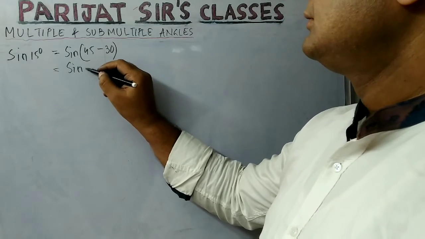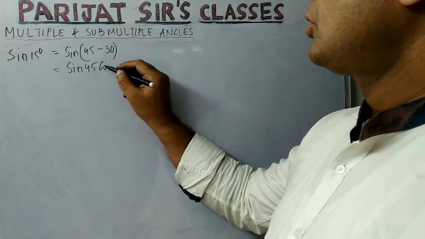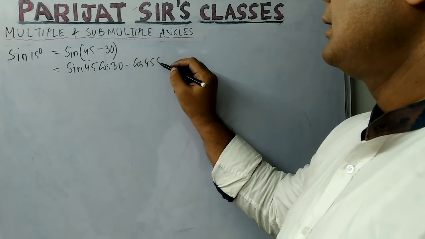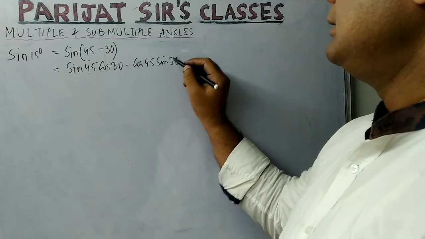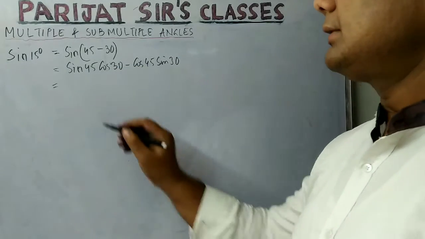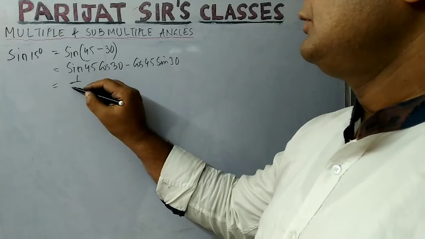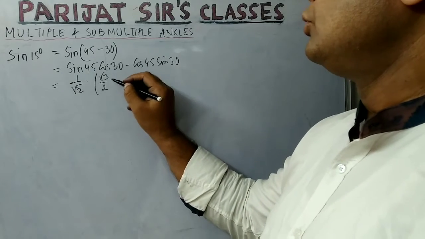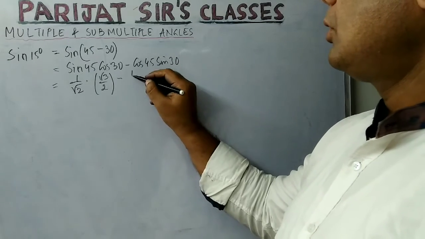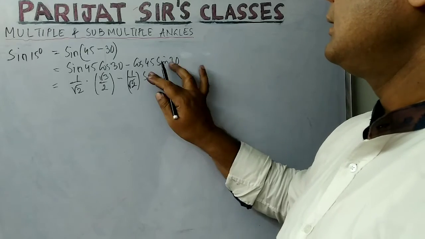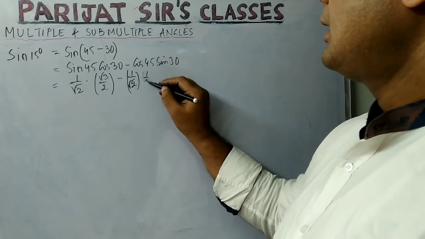It is sine A cos B minus cos A sine B. Sine 45 is 1 by root 2, cos 30 is root 3 by 2, minus cos 45 is 1 by root 2 and sine 30 value is half.